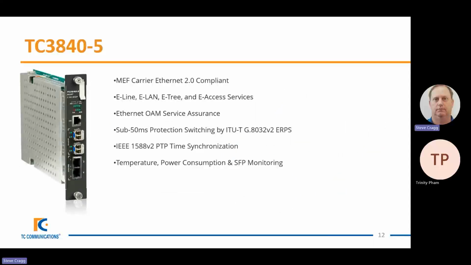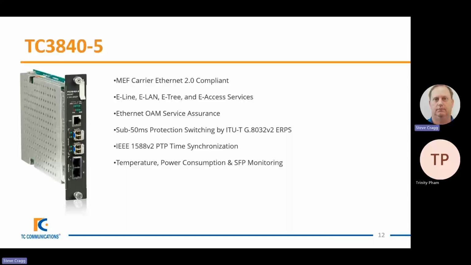Now, this is a full carrier Ethernet based solution, and what you can see, as with all of the TC Communications products, mission critical, fully solid state, and so on. Now, what marks this out from perhaps a more regular IP router is this is purpose designed to go in the very same environment that you probably have your radio shelters in.